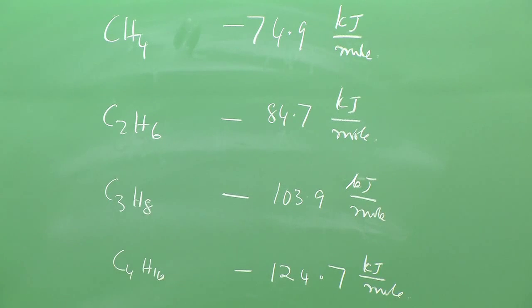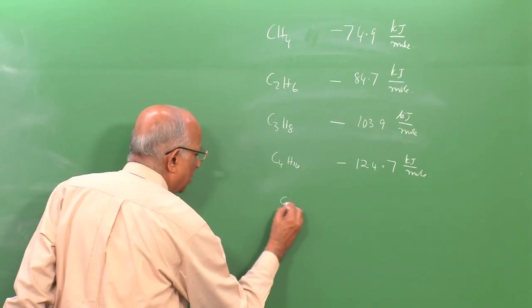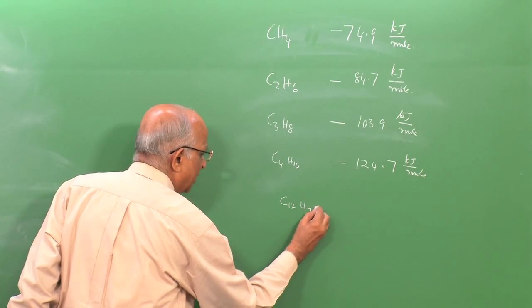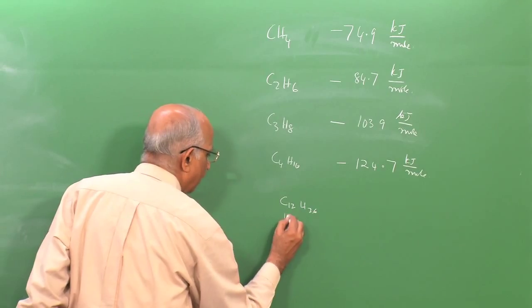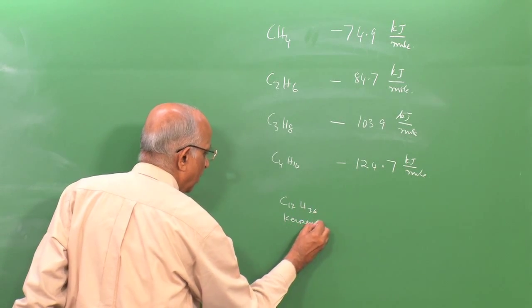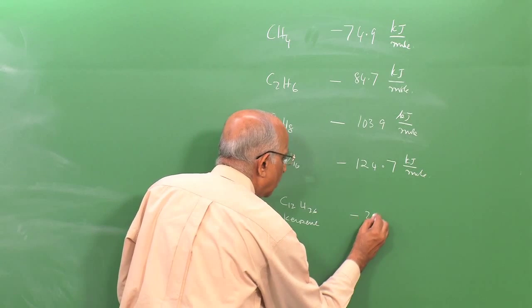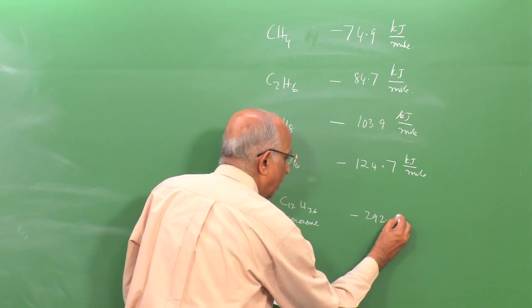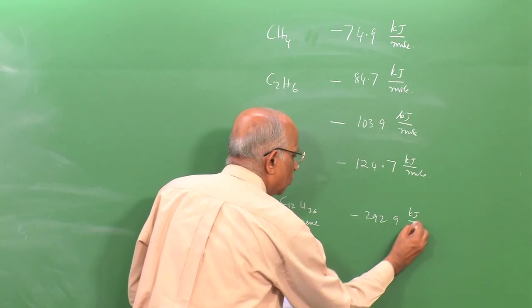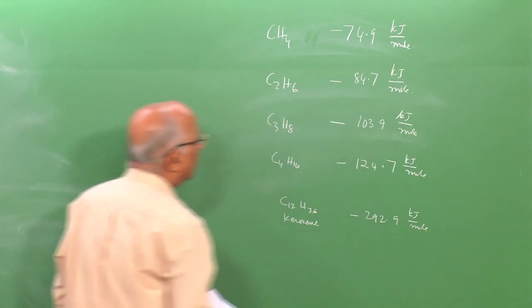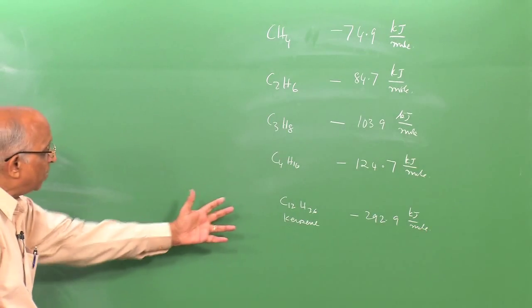If I take a longer chain, like kerosene, which is something like normal dodecane, C12H26, the heat of formation is higher at minus 292.9 kilojoules per mole.